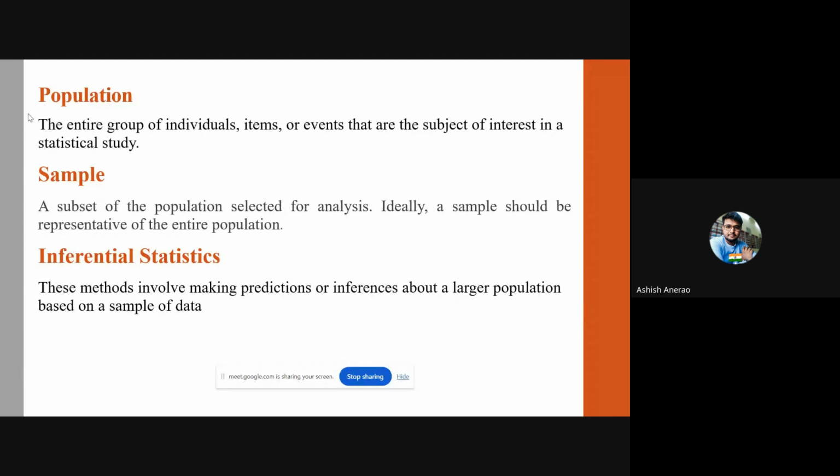Like in a daily example, suppose we purchase a bike, and that bike gives an average of 50 kilometers per liter. We tell some person that my bike gives 50 kilometers per liter average. Suppose some Honda bike gives 50 kilometers per liter average.